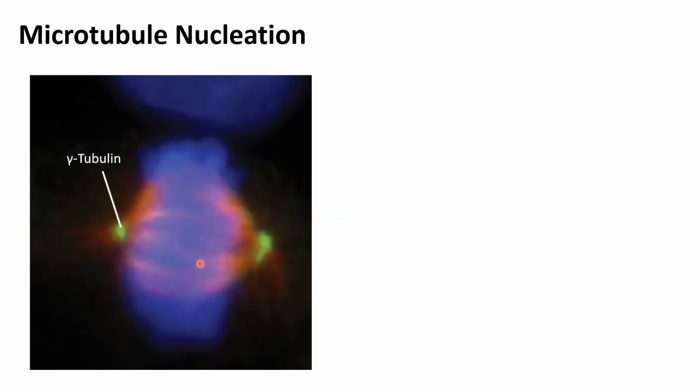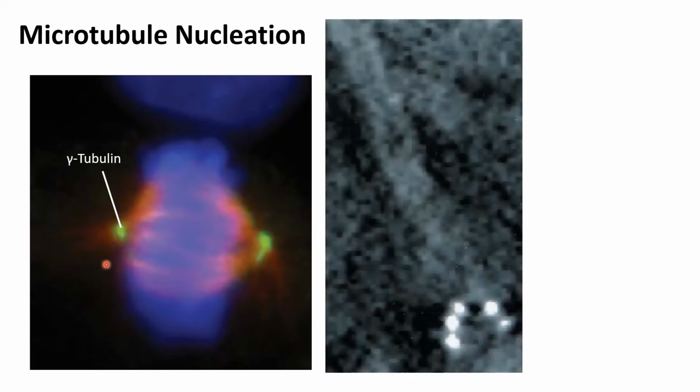Now, this is color-coded to reveal that there's another type of tubulin. Not just the alpha and the beta found in the microtubule, there's also a gamma tubulin, exclusively found only in the MTOCs, the organizing centers. Now here's an electron micrograph.